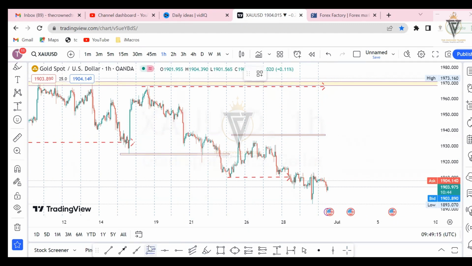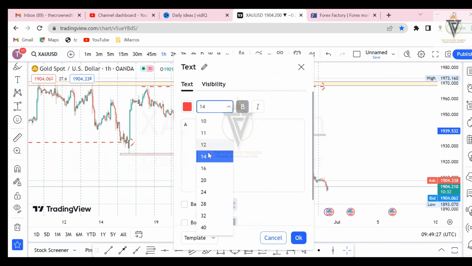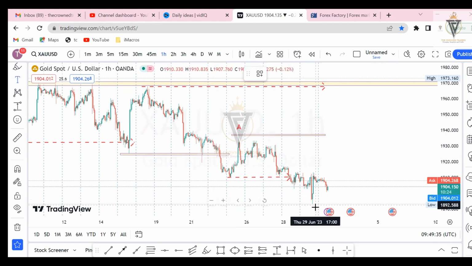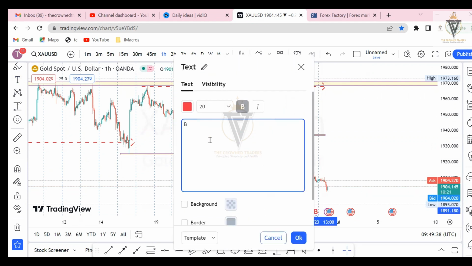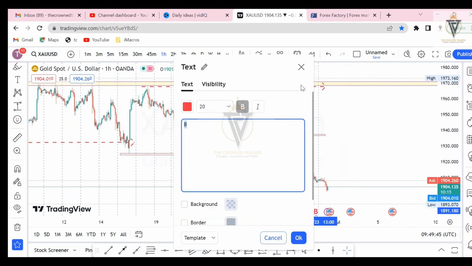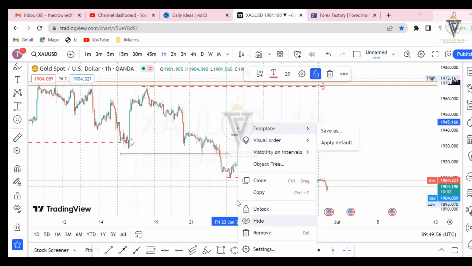So you just pick your Fibonacci. Let's go by marking out that point A here, which is going to be our point A, and this is going to be our point B. Point A and point B, so it's as simple as that.